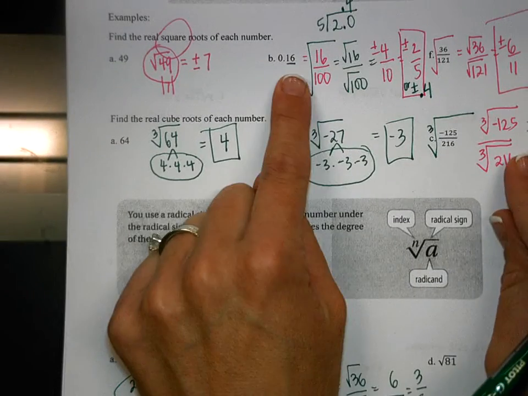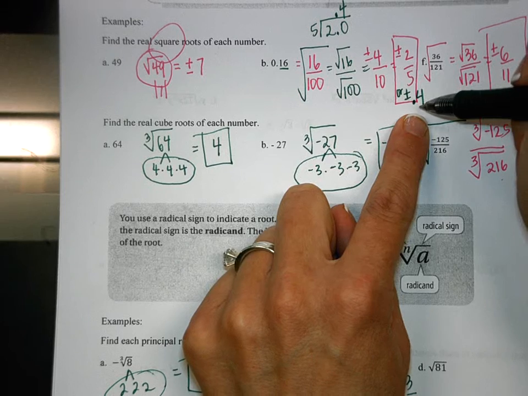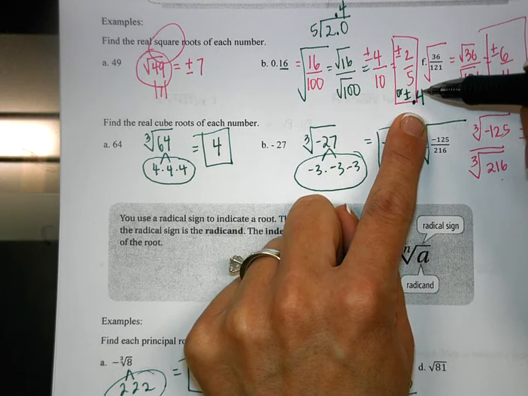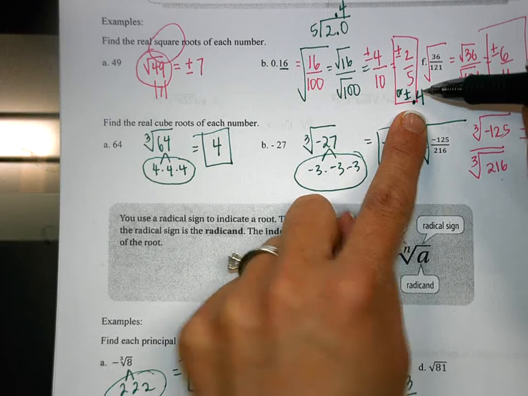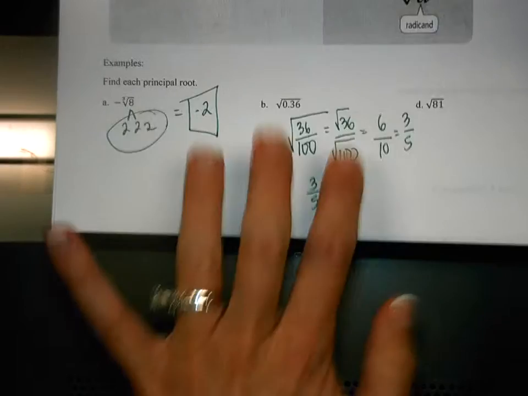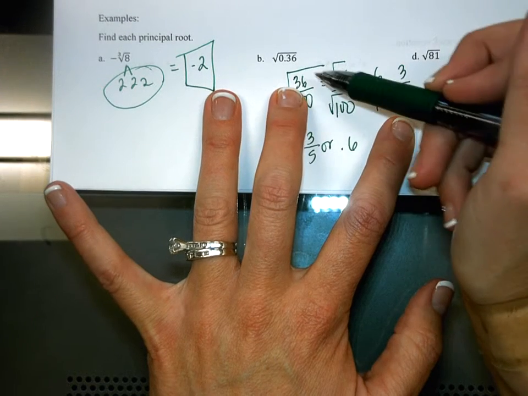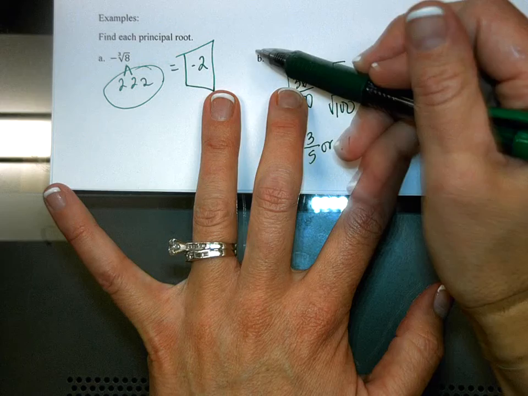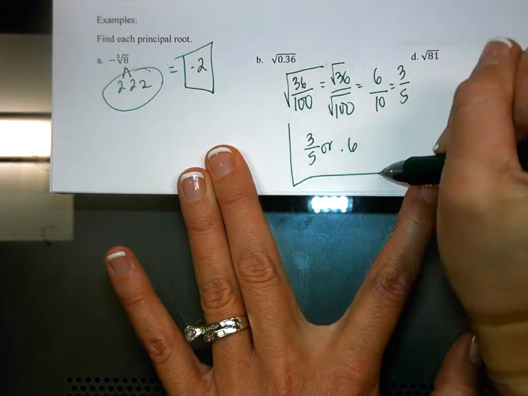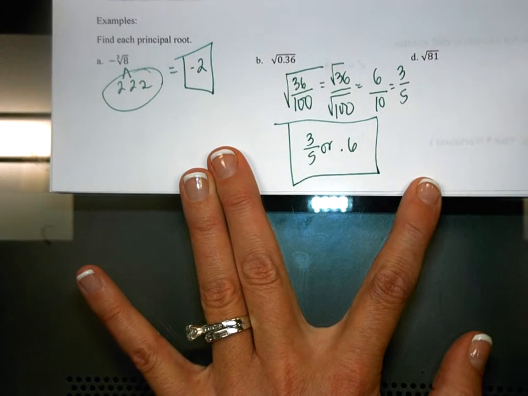So think about how you could have a 0.4 times 0.4, which makes 0.16, or a negative 0.4 and a negative 0.4, which would make a positive 0.16, and all of that would be okay. Here, they've already given you the root, so we know it's not going to be a negative in there that you're getting, you're starting with the root. Okay? So it's just when you're making the root. So 3/5 or 0.6 is the correct answer.